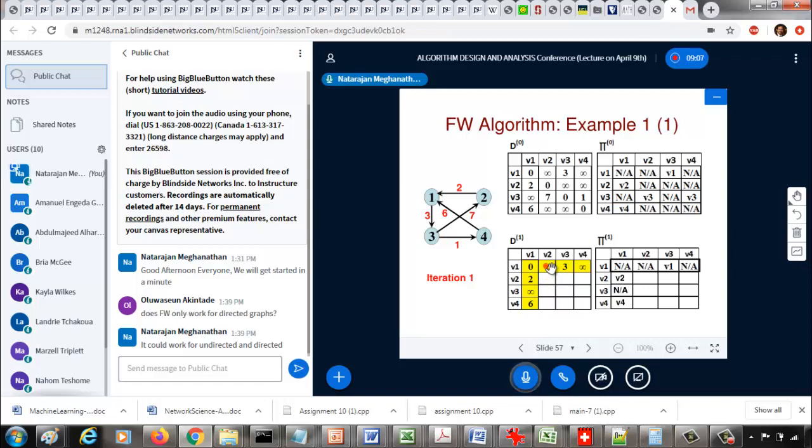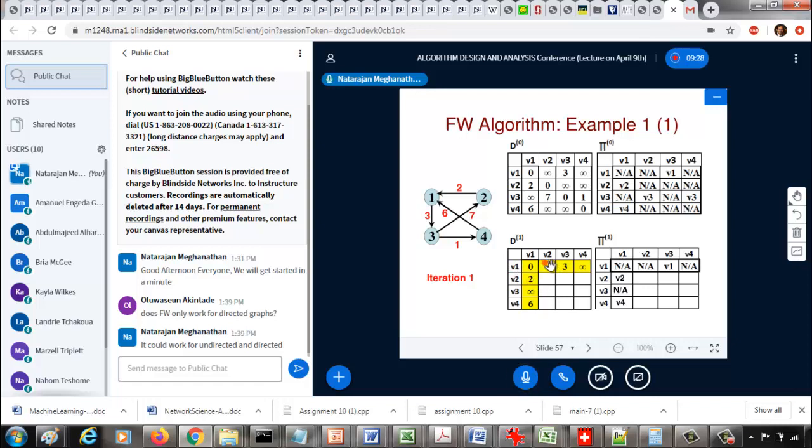So V2 to V1 is 2, plus V1 to V2 is infinity. So we are going from vertex 2 to vertex 2 through vertex 1. Vertex 2 to vertex 1 is 2, and from vertex 1 to vertex 2 is infinity.